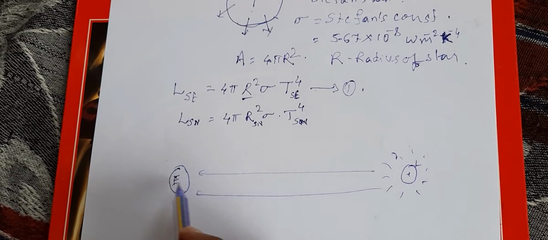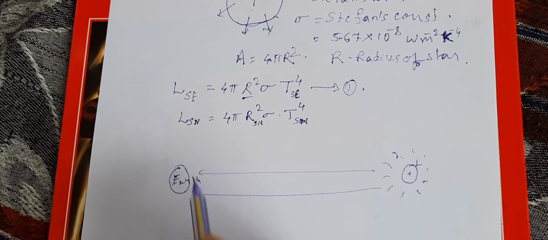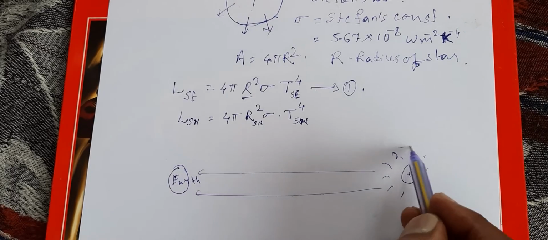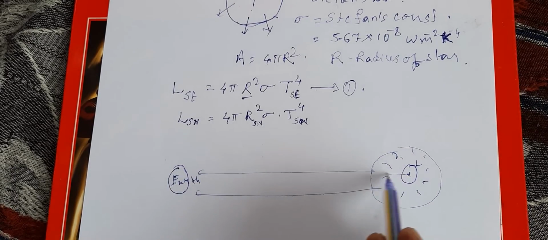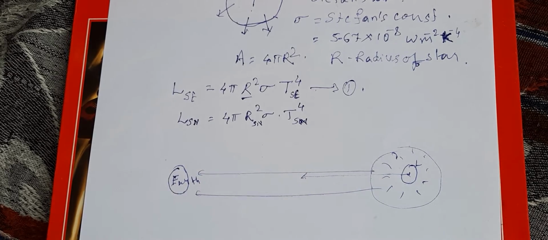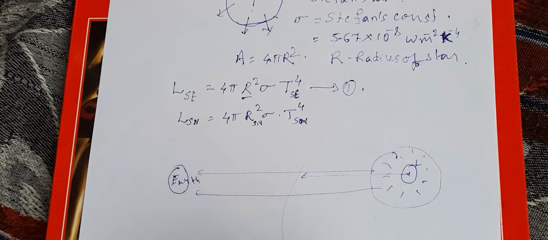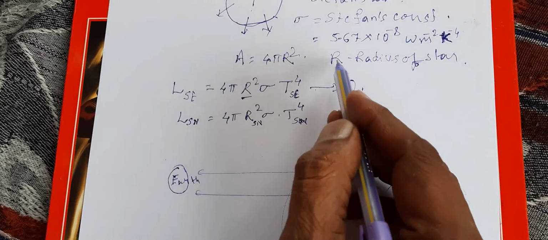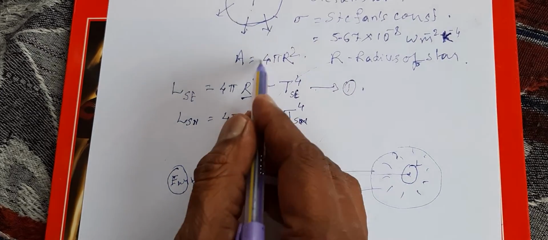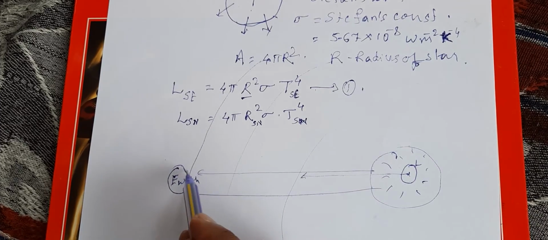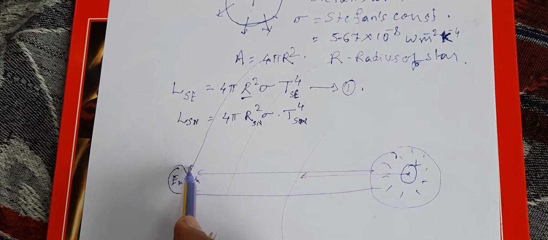This is the earth. All this radiation emitted from the sun, as you move away from the sun, gets distributed in larger and larger space, and only a small part of that emitted radiation will reach the earth here.